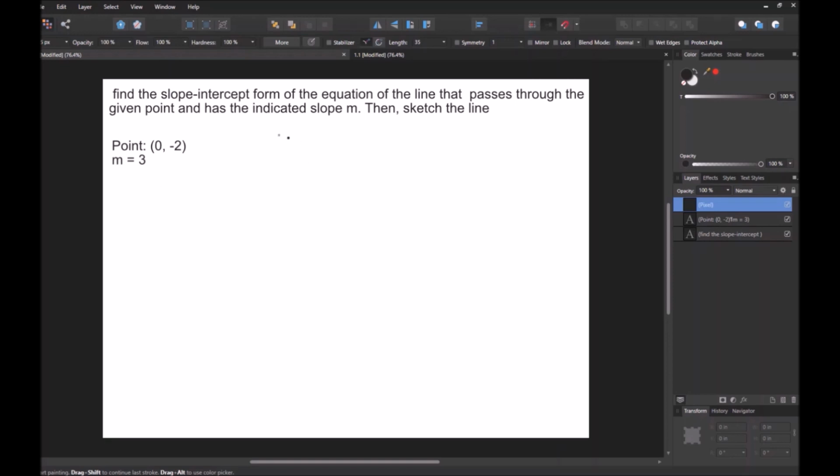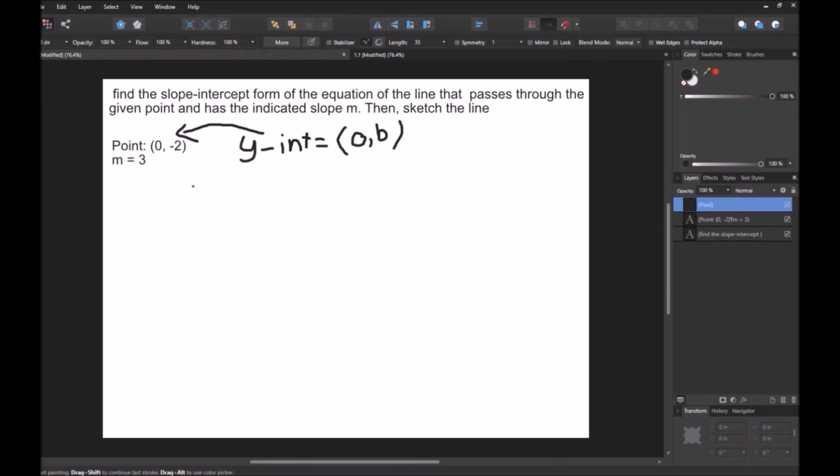So what I want to point out first is that the y-intercept of a linear equation will be at 0, b. And b can be any real number. Now if we look here, we see that we have a 0, b. Our b is negative 2, meaning our y-intercept is negative 2.